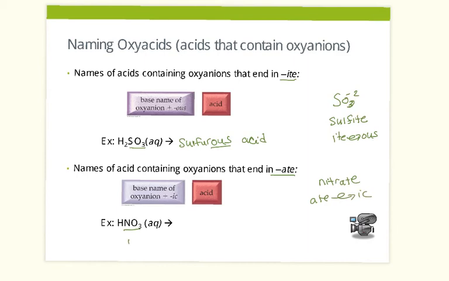So it becomes nitric acid. Don't forget to put the space and the word acid after that. So just remember that ite goes to us and ate goes to ic.